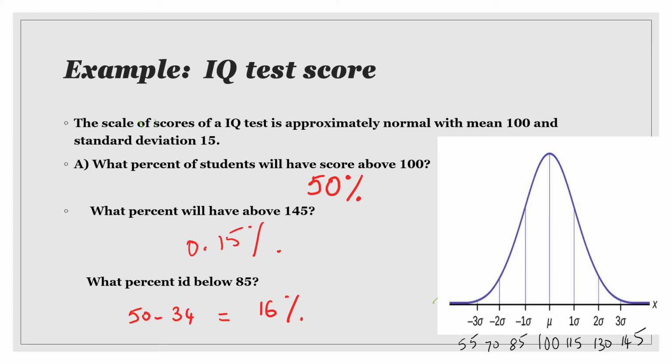That gives me 0.15. If we are interested in finding the percentage below 85, it is 50 minus half of 68. Half of 68 is 34. So the answer is 16.